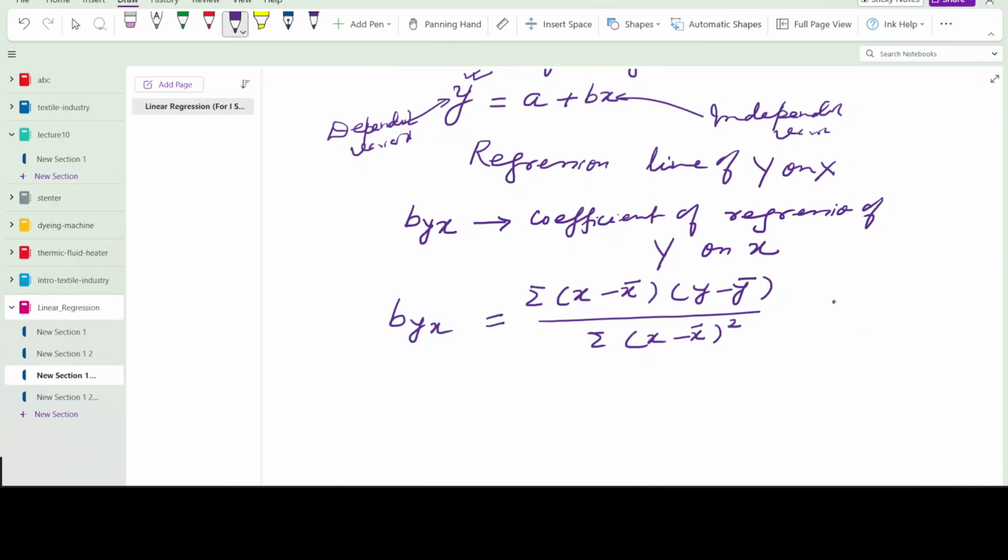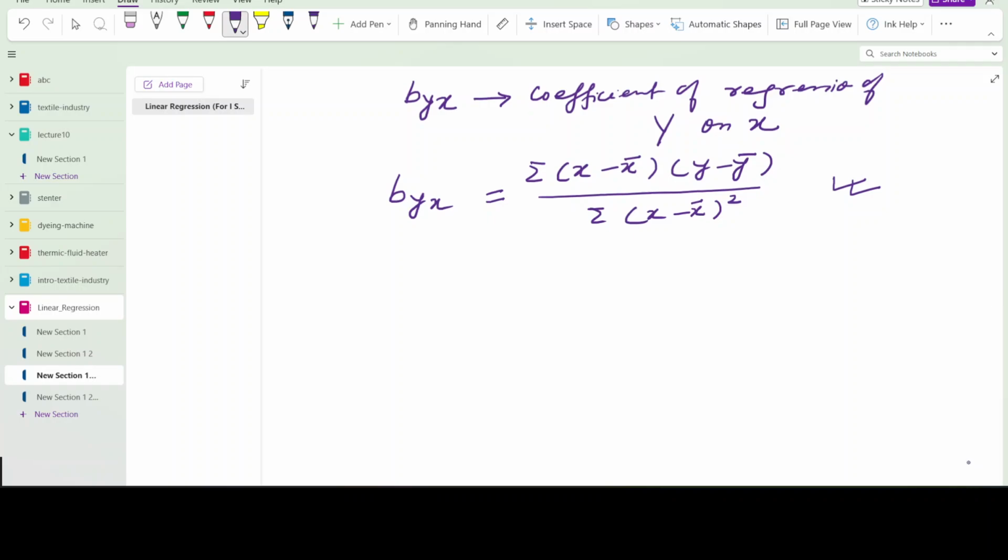Again, we can find out this expression very easily using the normal equations we have used earlier. Let us try to find it.